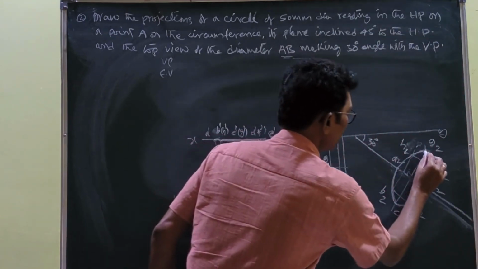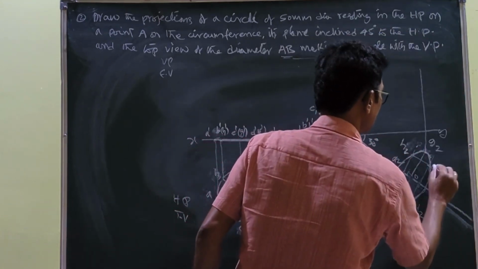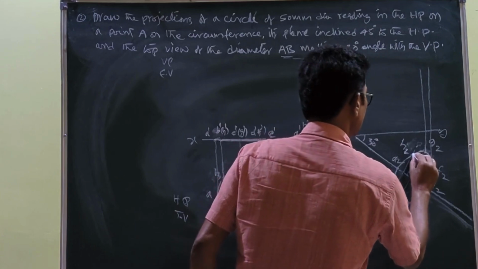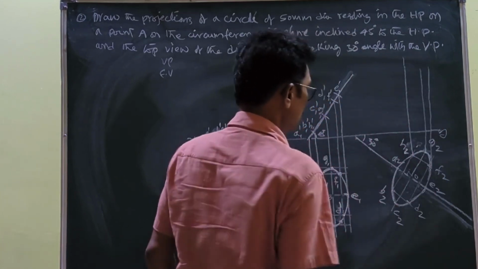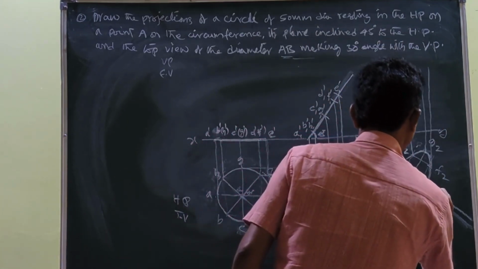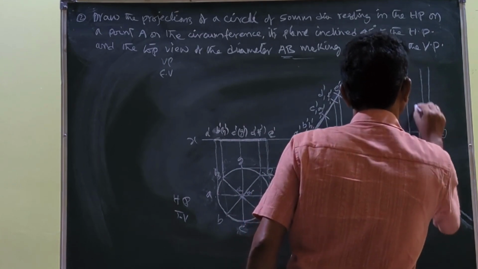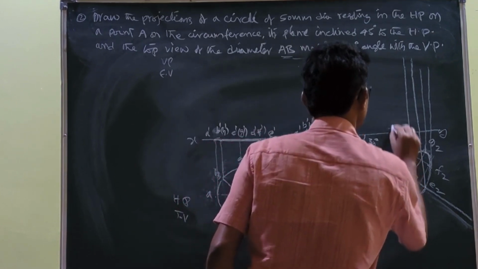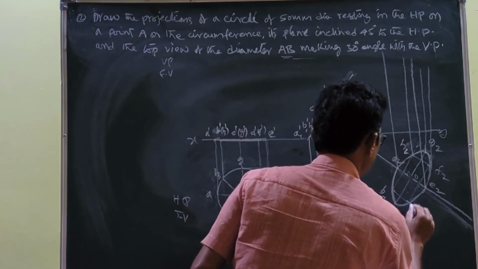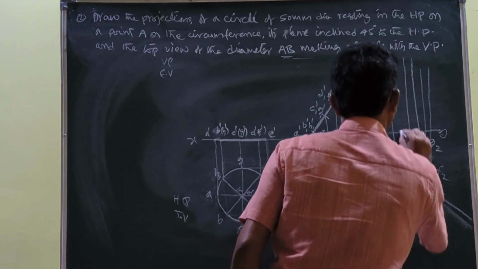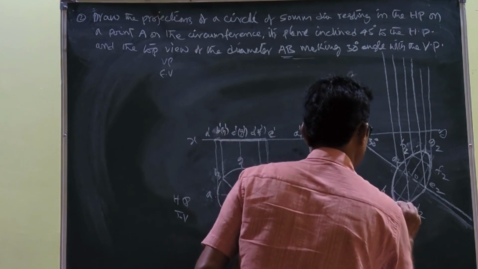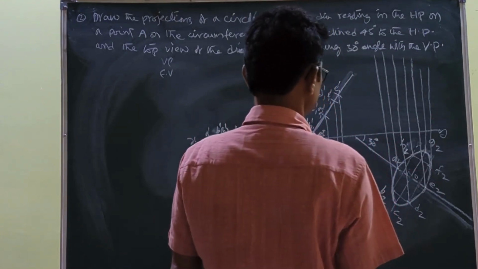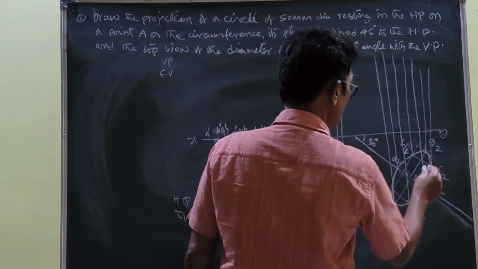See here, you draw projectors through A, D, C, everything is over. All projectors are drawn.